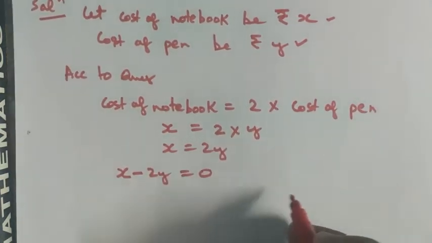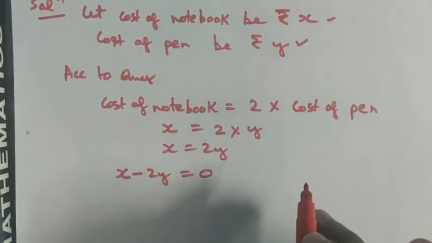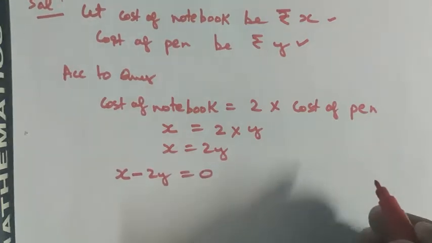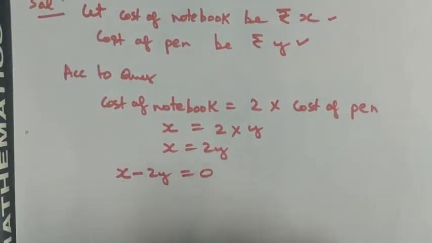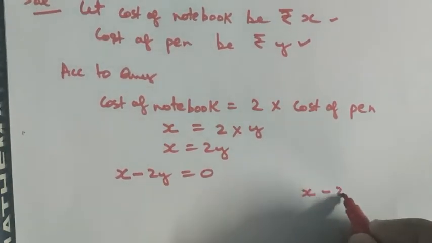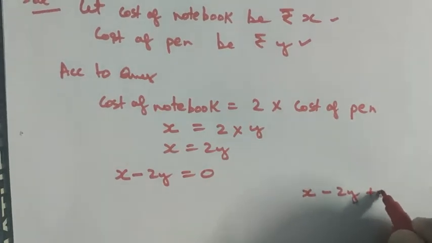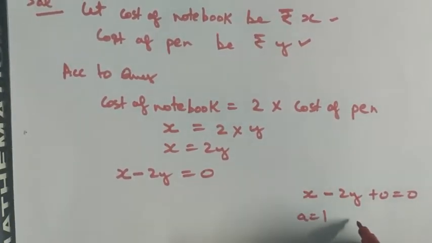If we have to find the values, this will be the answer. The equation in two variables we have already found, but what if we also have to tell the value of the coefficient of x, coefficient of y and the constant, that is a, b and c. Then it will be x minus 2y plus 0 equals 0. Then the coefficient of x, that is a, equals 1.